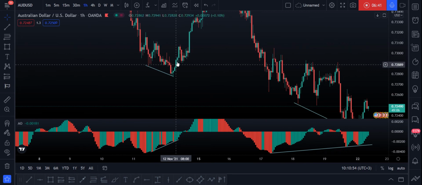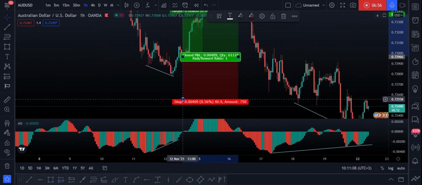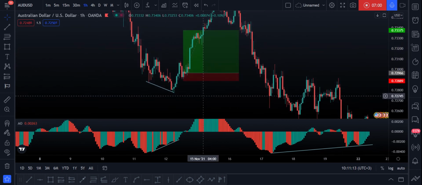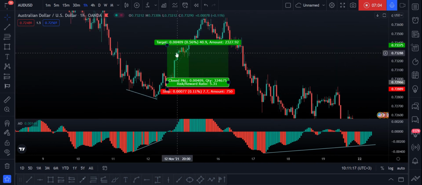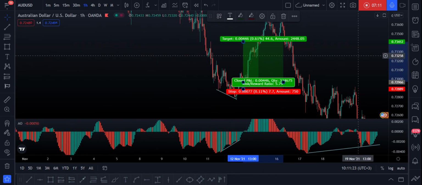At that point, we ask ourselves, which zone was responsible for the break of structure? We can see this zone was the last zone before the break of structure. So we take our trade in this demand zone with stop loss below. It's a 7 pip trade, and we can have our take profit at this level of resistance.